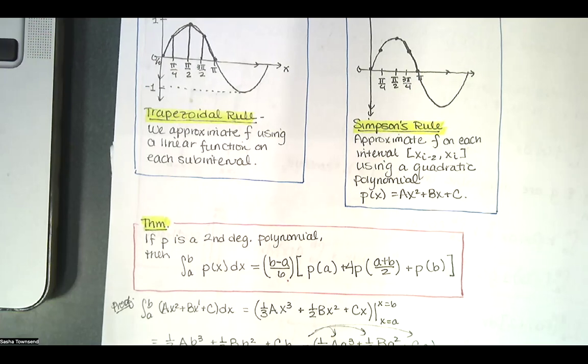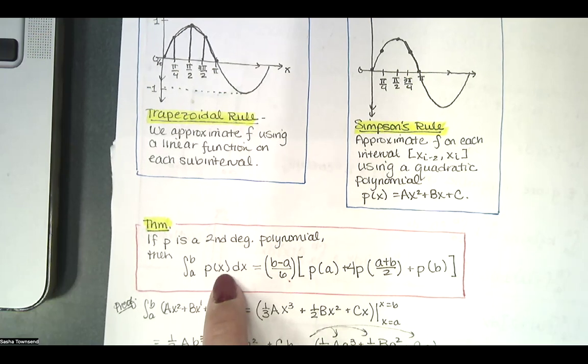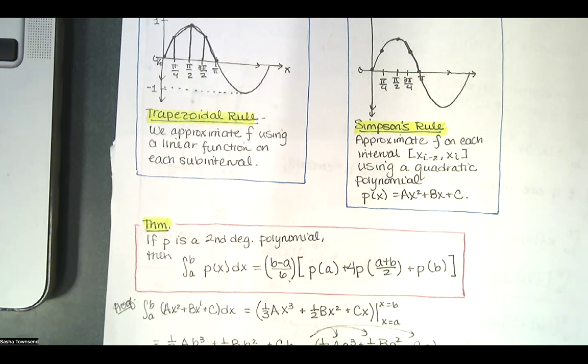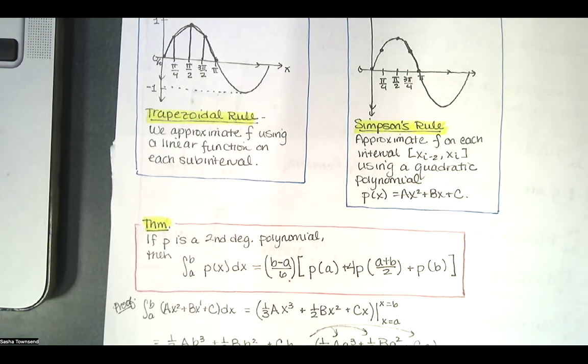But what's nice about it, again, is that you can find the exact value of that area under the curve with three function values. And if you know what the polynomial is, it's very easy to find three function values. Just plug in the points, simplify, and you've got three answers. Just substitute them in, and then you'll know what this is, which I think is pretty cool. So let's look at that.